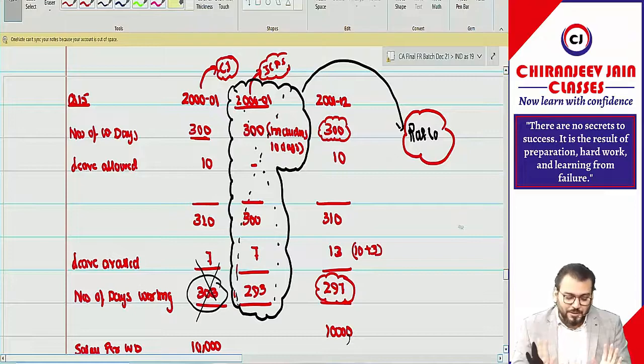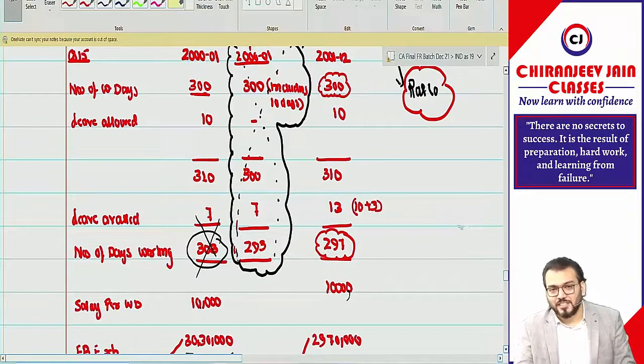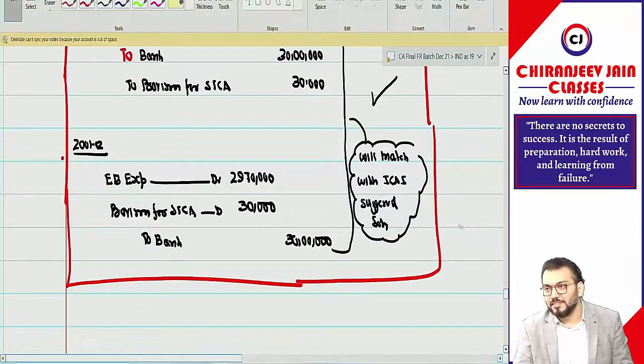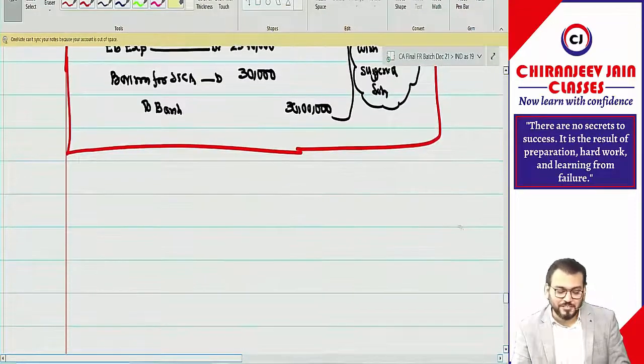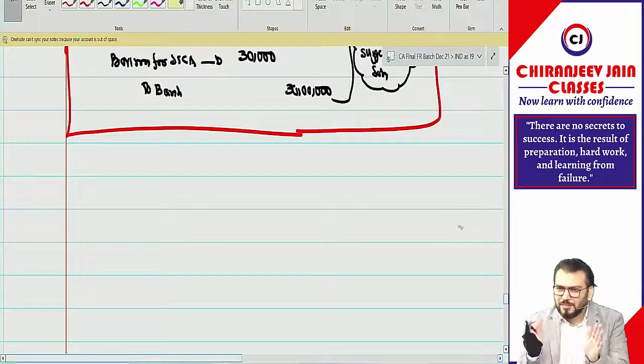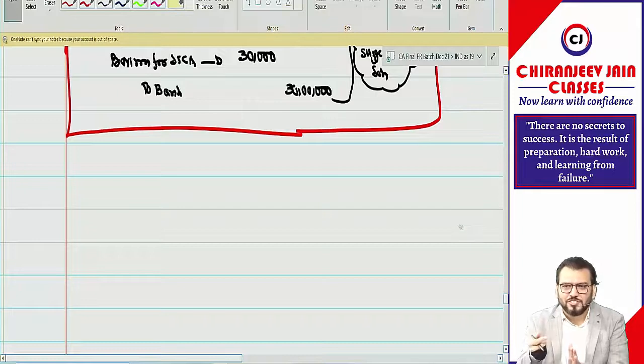From my point of view, my suggestion and suggested solution is correct. So you should write an email to ICI to change the solution. Change the working note and give this working note. There is one panel now where you can give your solution.